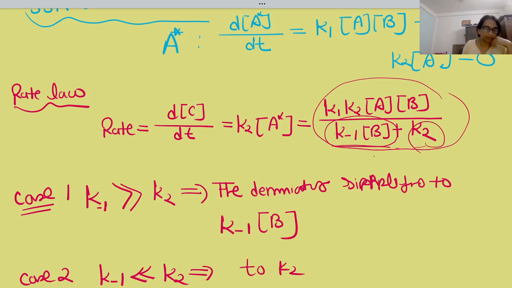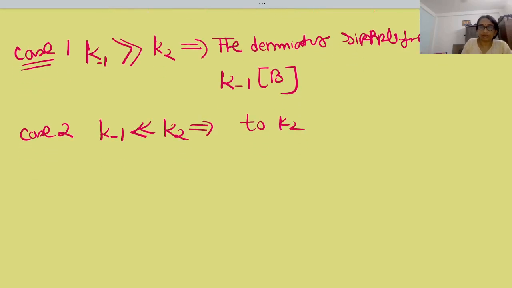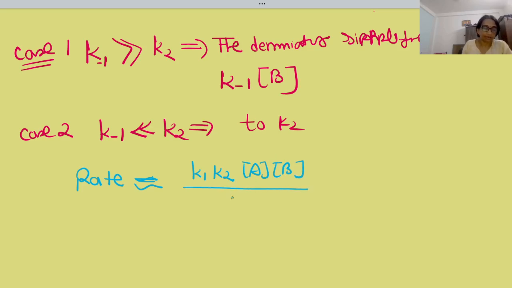Now we can write the rate. In the first case, the rate is approximately K1 K2 [A][B] divided by K minus 1 [B].